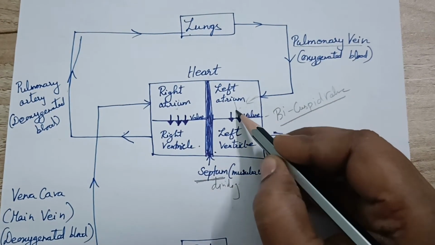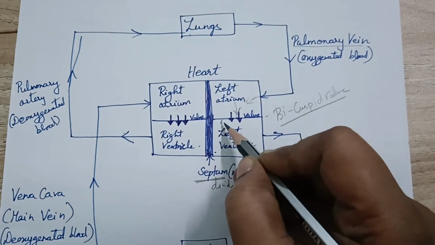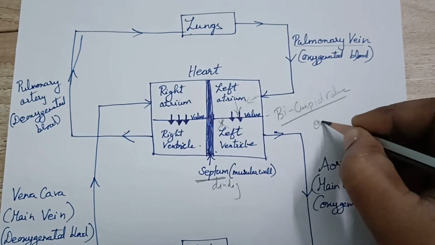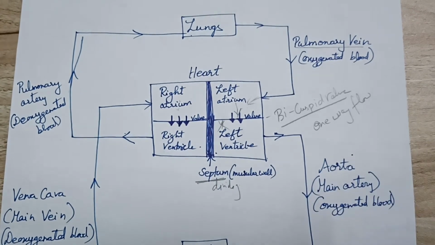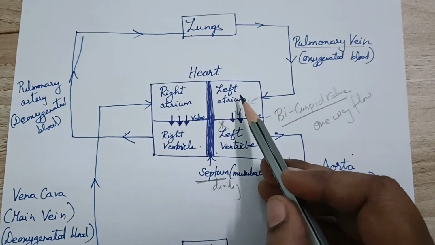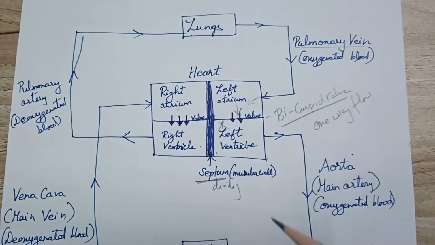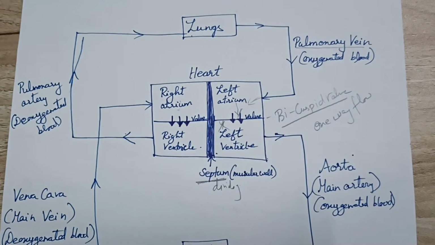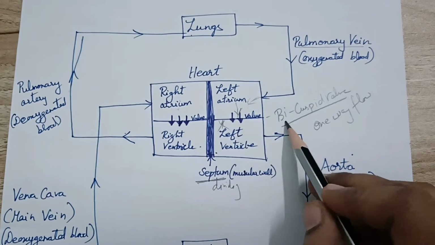It allows the blood only in this direction, and it will not allow flow in the other direction. It allows blood from the left atrium to enter the left ventricle, and it will not allow backward flow from ventricle to atrium. So this is called the bicuspid valve.